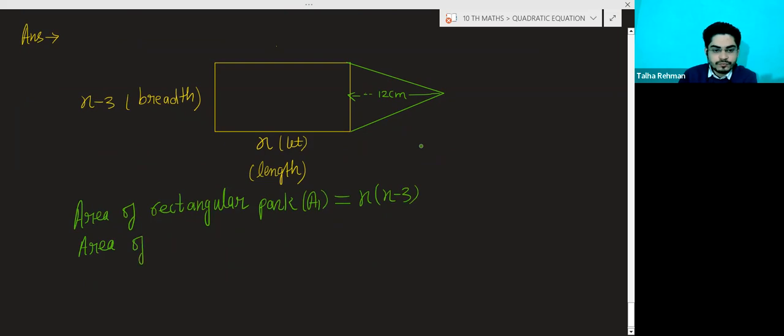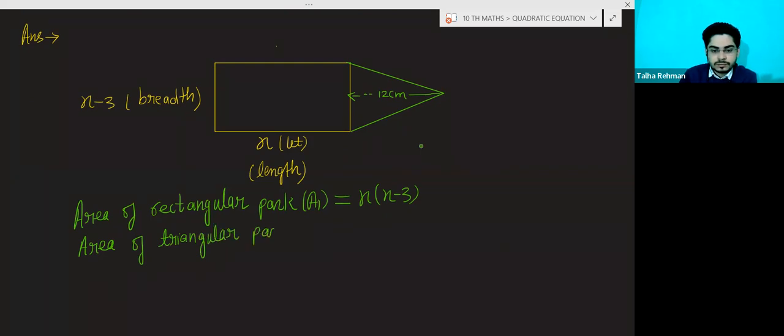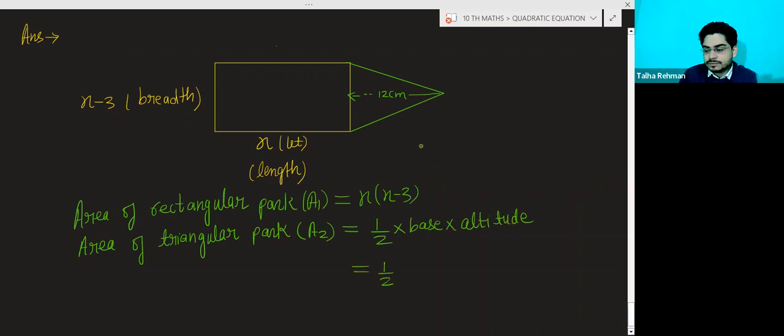Area of the triangular park, suppose that area is A2, will be half into base into height, or you can say altitude. So that will be equal to half. Base is the breadth.